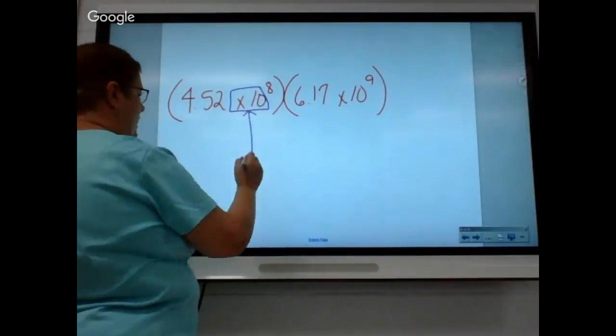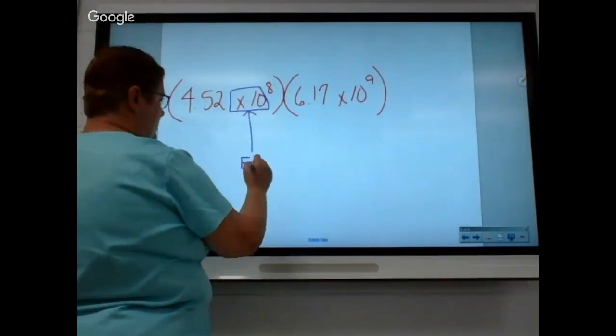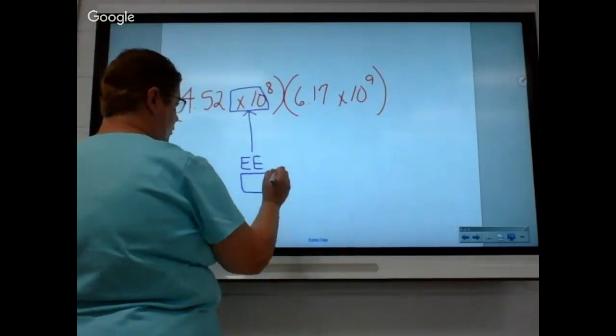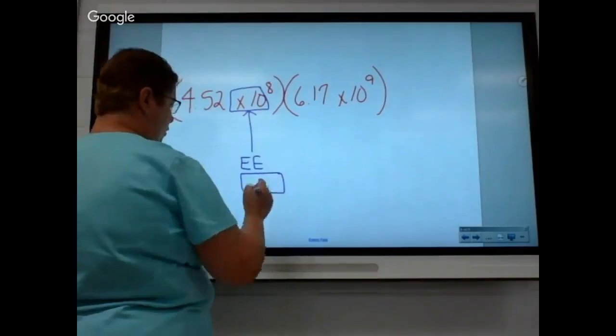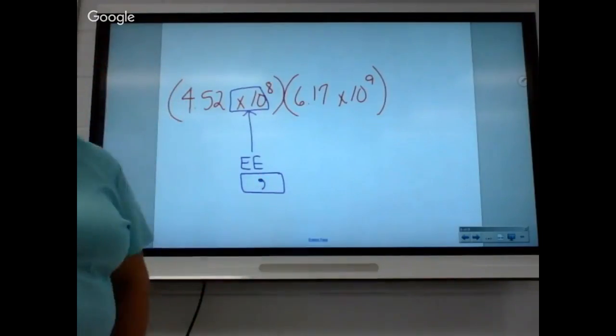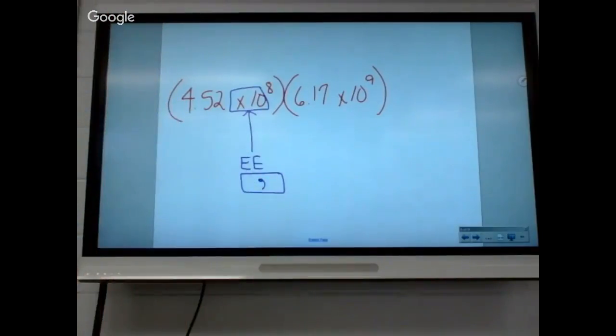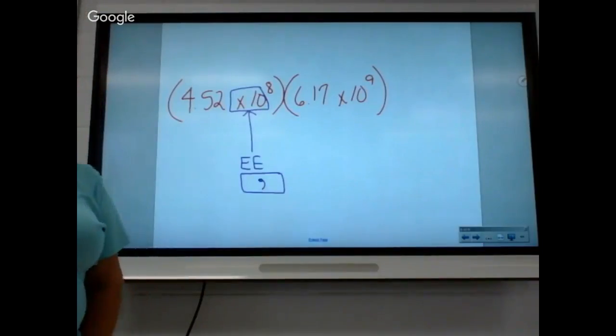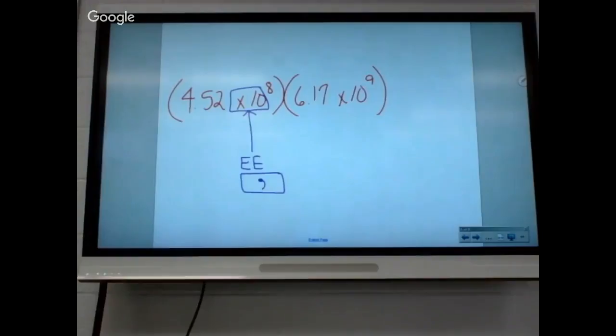This times 10 is EE on the calculator. So, look for your little comma on the calculator. It's above the 7. And right above it is an EE in yellow, which tells you you need to use what? If it's above it in yellow, the second function.